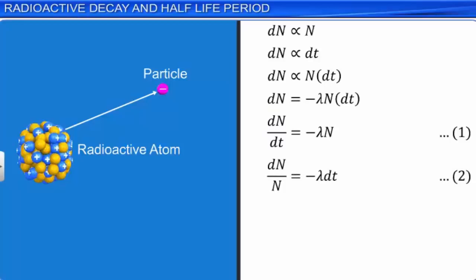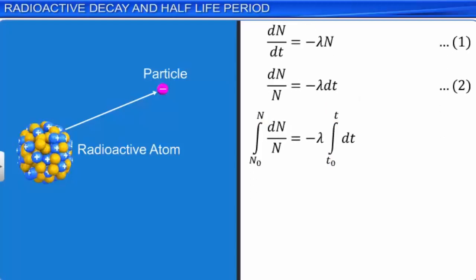Integrating equation 2, we get integral dN by N in the limits N naught to N is equal to minus lambda integral dt in the limits t naught to t. Here, N naught is the initial number of nuclei at time t naught, and N is the number of nuclei at a later time t. Evaluating the integral, we get log N to the base e minus log N naught to the base e is equal to minus lambda into t minus t naught.